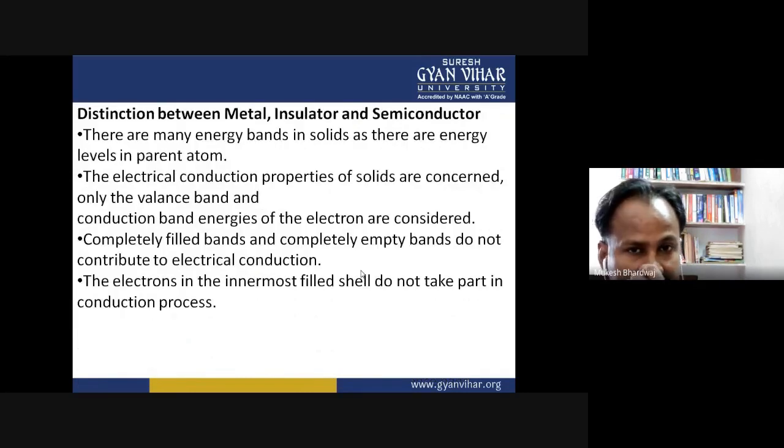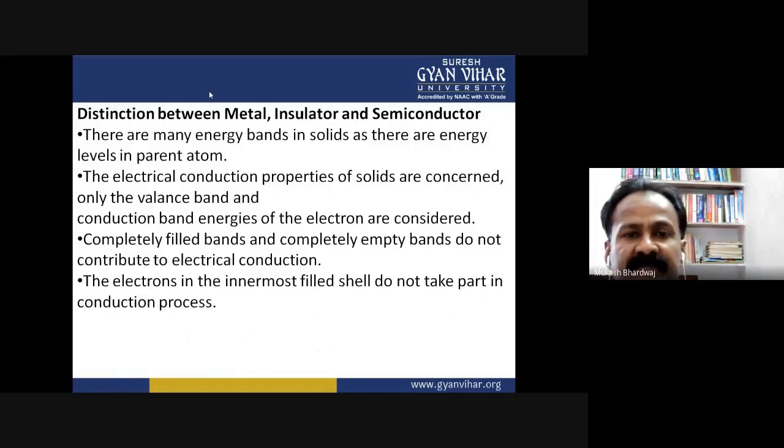Distinction between metals, insulators and semiconductors. We had discussed metals, insulators and semiconductors, and they are characterized on the basis of the energy band diagram, which is the most important basis to differentiate them.